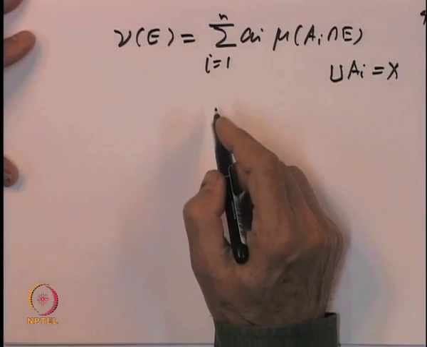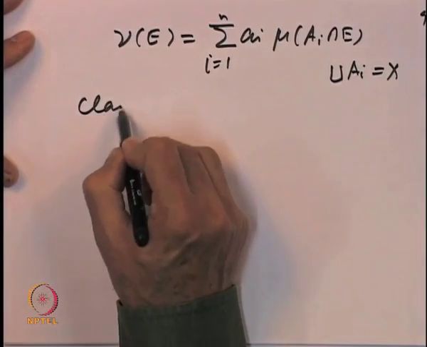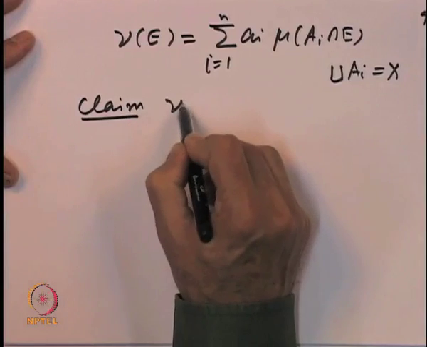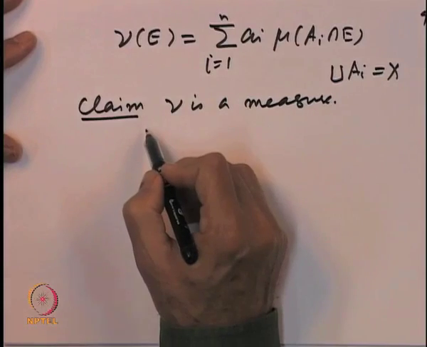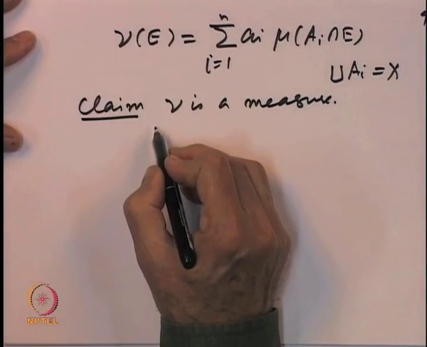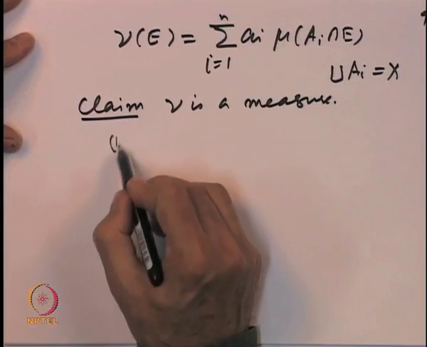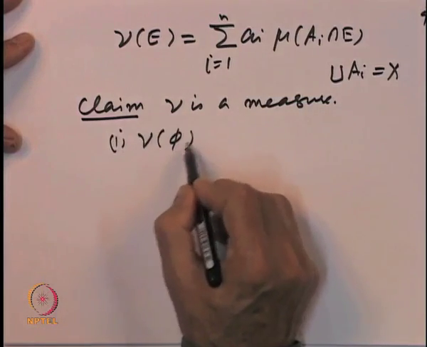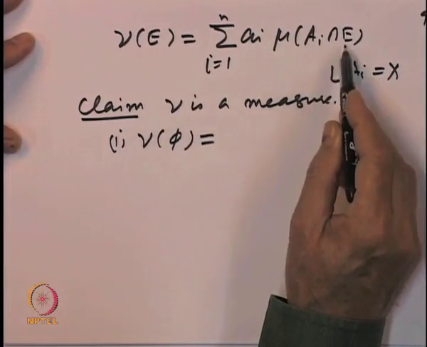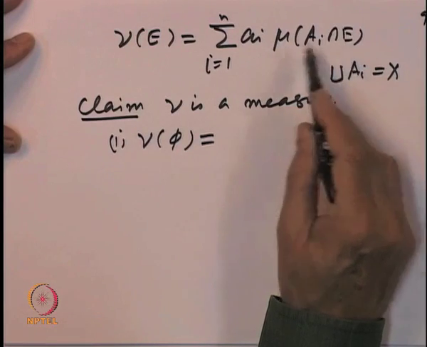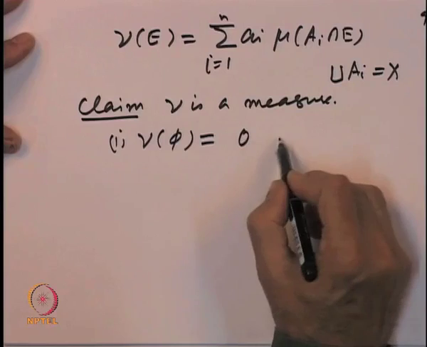So, claim: nu is a measure. What is to be checked? Nu of the empty set: E is the empty set, so mu of A I intersection E is the empty set measure, which is 0. So it is equal to 0.